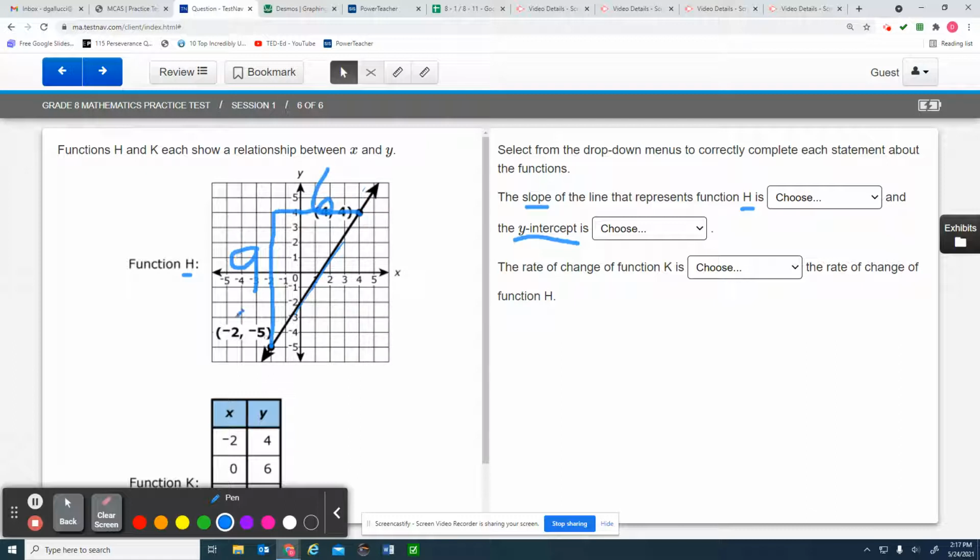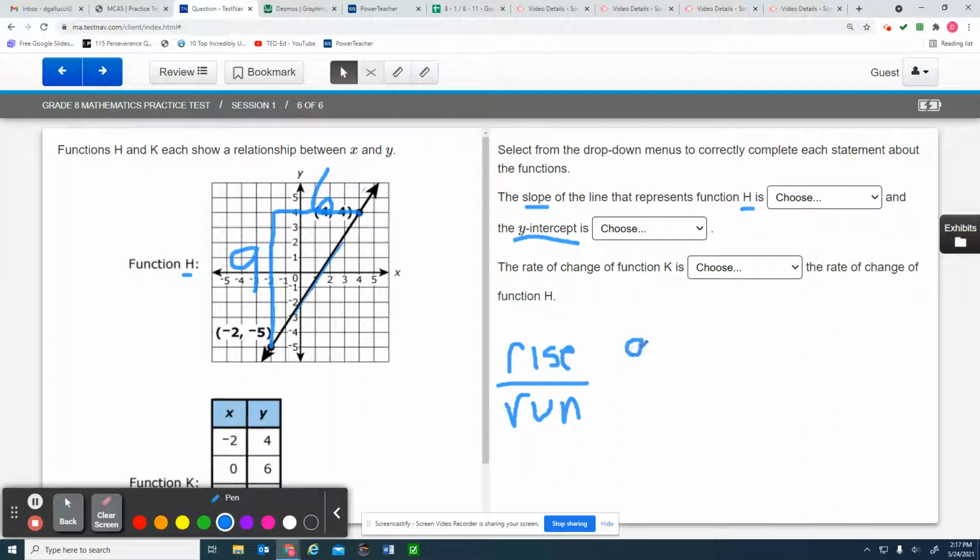So I can see here the line rises 9, runs 6, and we know that the slope can be found by calculating the rise of the line divided by the run of the line.